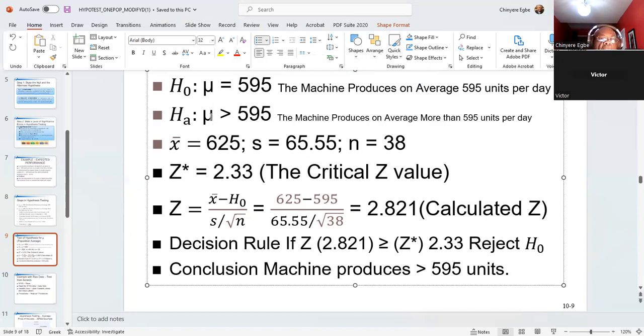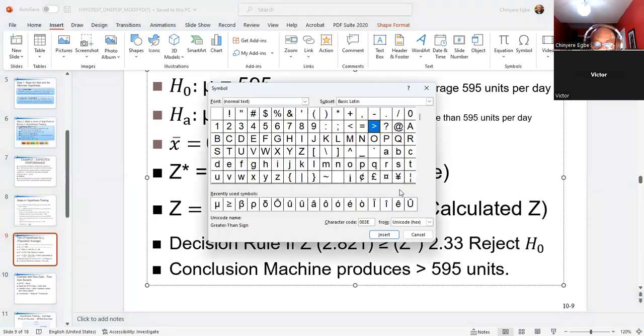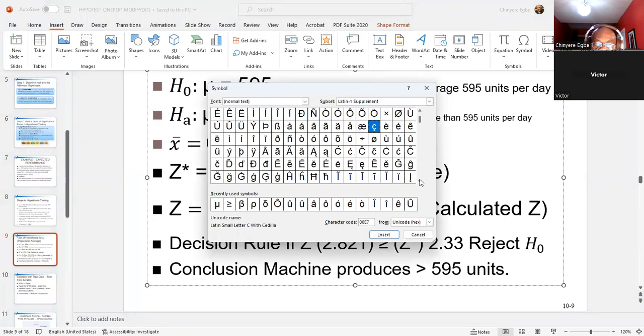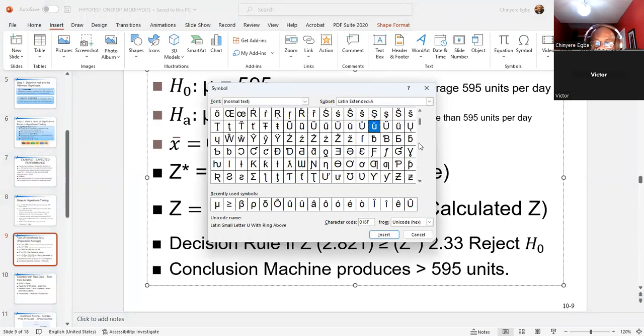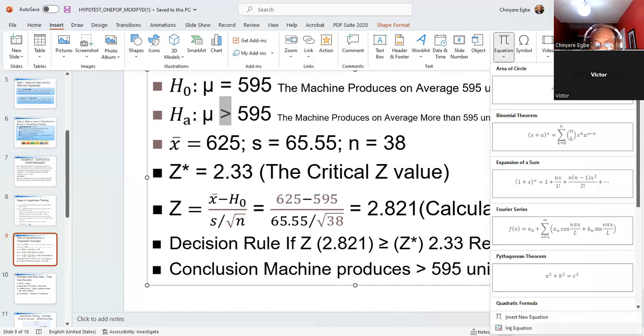If it was a two-sided hypothesis, we are simply going to say that mu is not equal to, that's it.